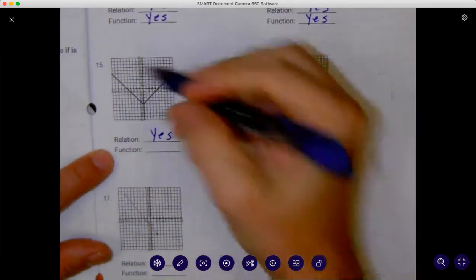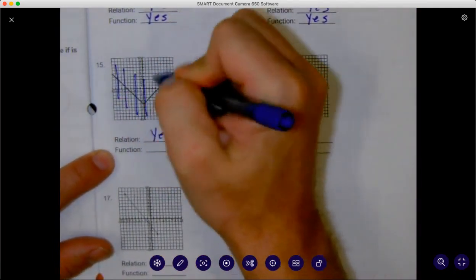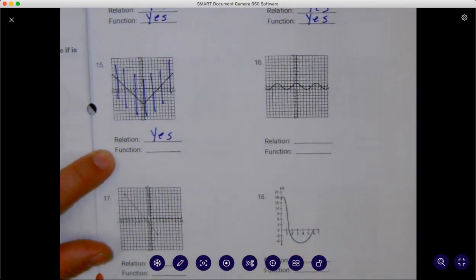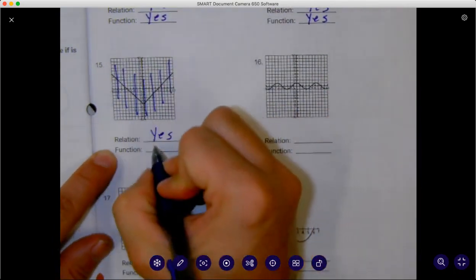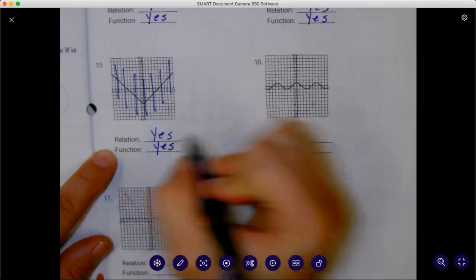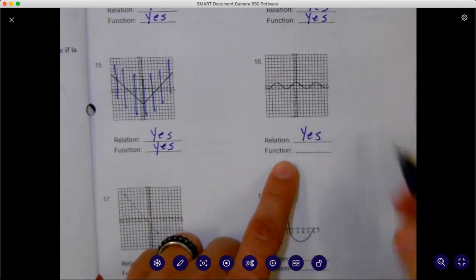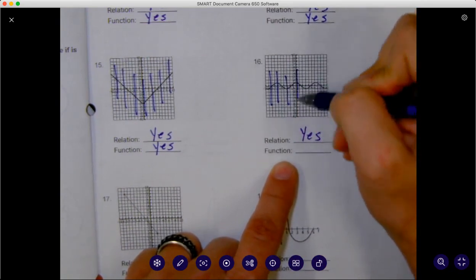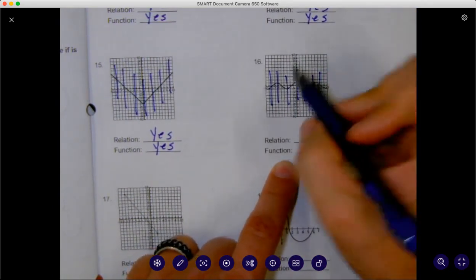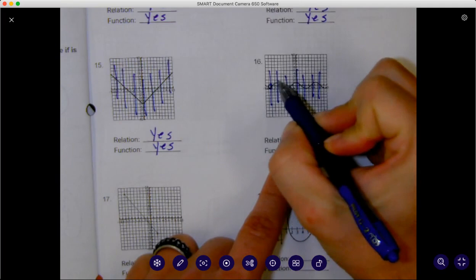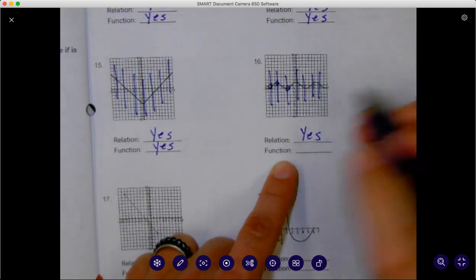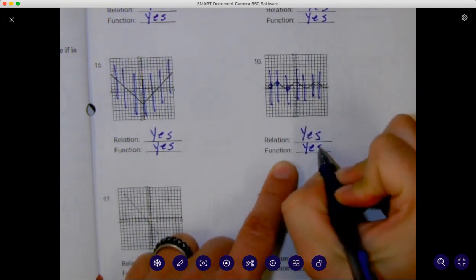Pass, pass, pass, pass, a whole bunch of tests. Passed every single one. It's a functioning relationship. 16. Everything is a relationship. Pass, pass, pass. Even though the line is curvy, each vertical line only goes through the graph one time. So that is a functioning relationship.